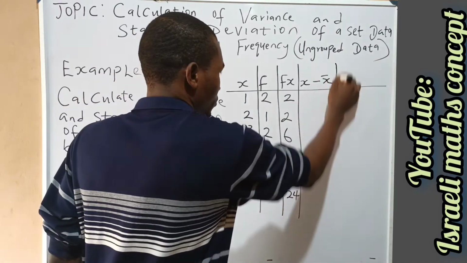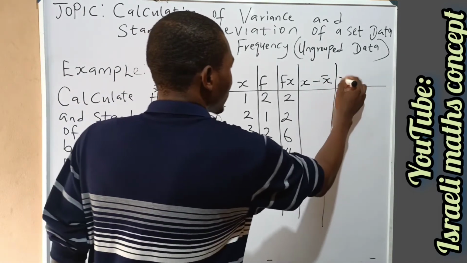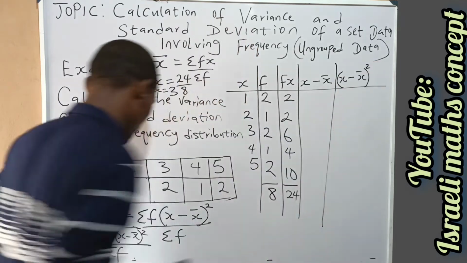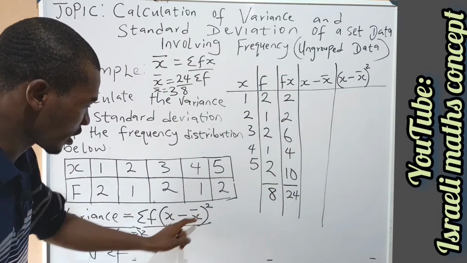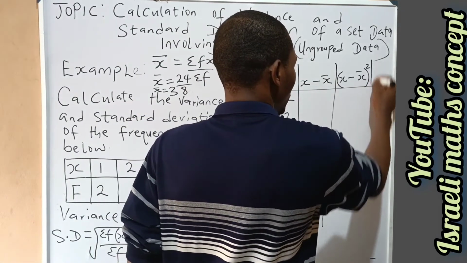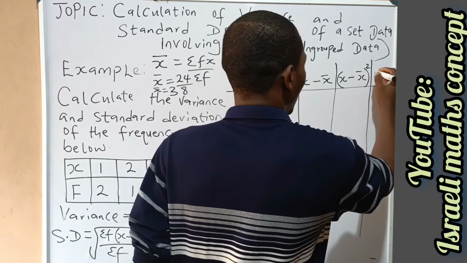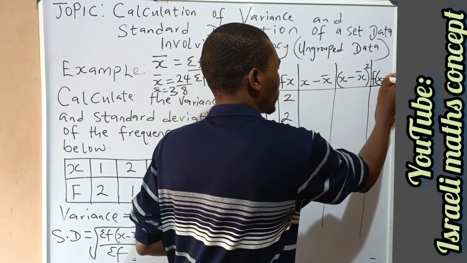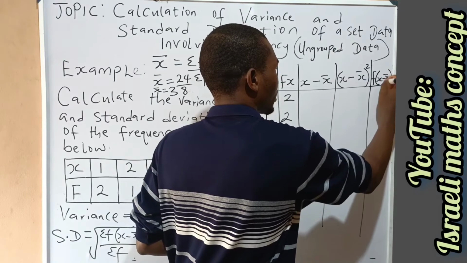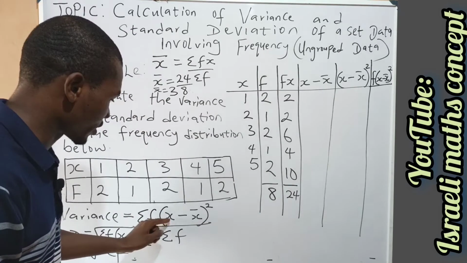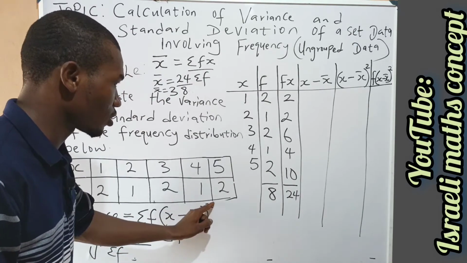The next parameter we shall have is (x minus bar x) all squared. Then the last parameter we shall have is f times (x minus bar x) all squared. And that is what we have here.